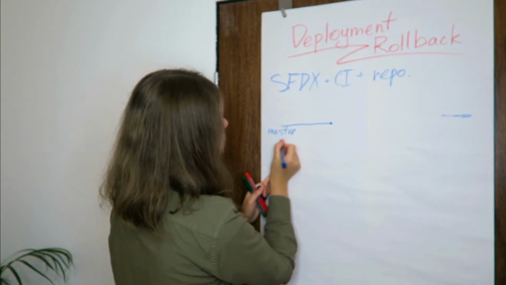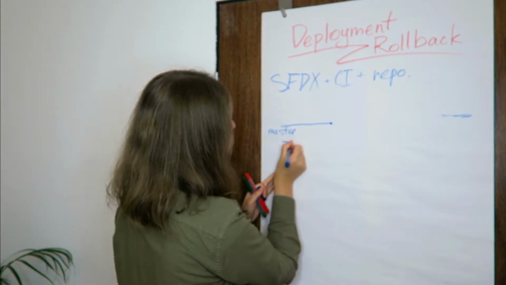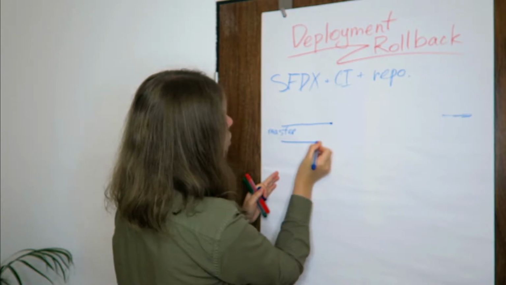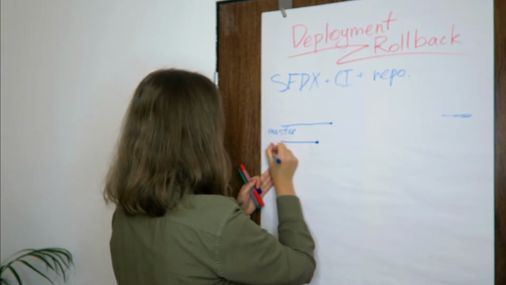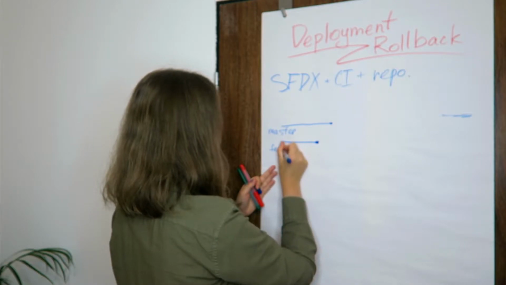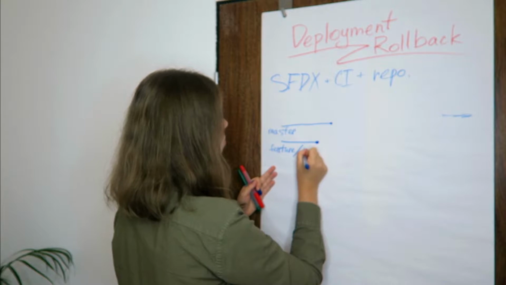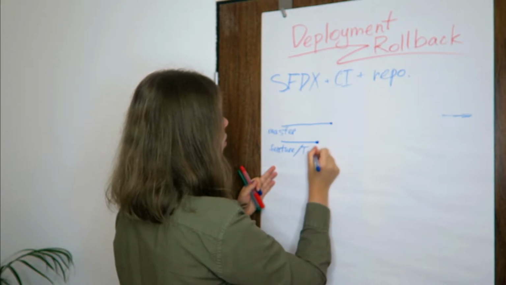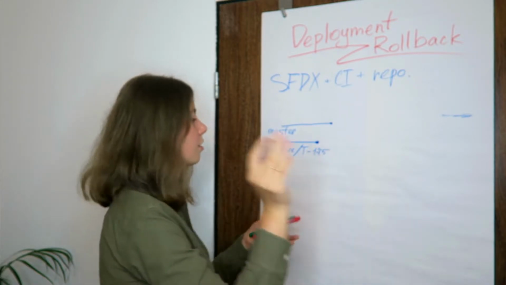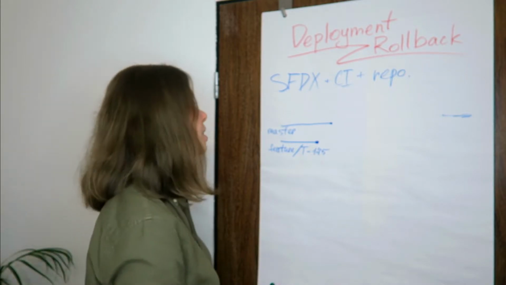And there would be another branch where you have some functionality that you want to deliver. This would be a feature, task 175, some ticket.